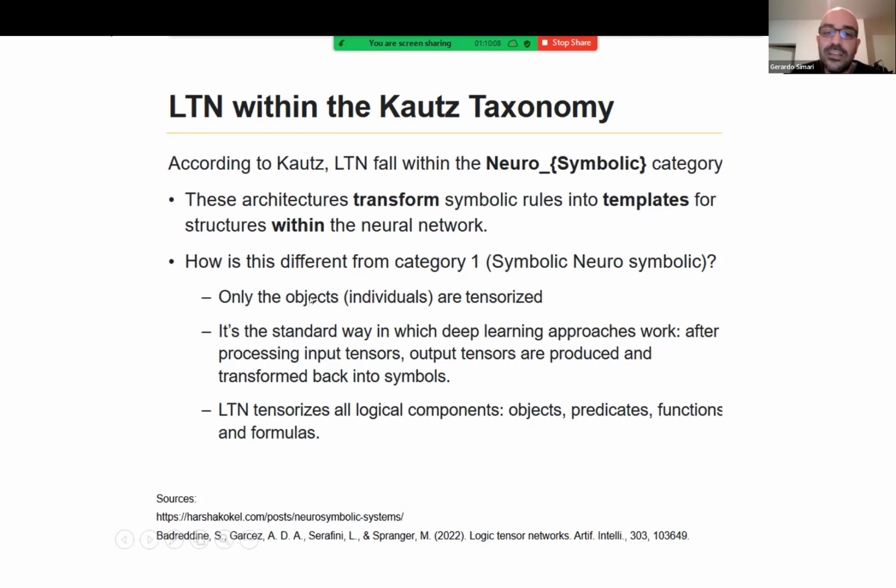And that's just the standard way in which deep learning approaches work, right? So after processing the input tensors, they produce output tensors, and those are transformed back into symbols. LTNs, on the other hand, tensorize all logical components, right? So objects, predicates, functions, and formulas.